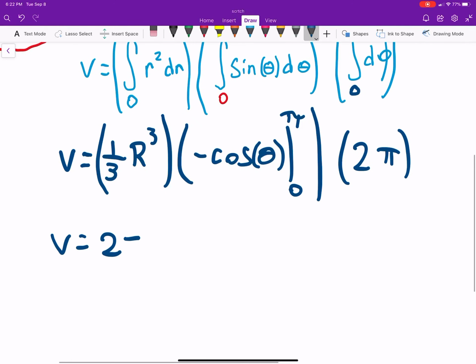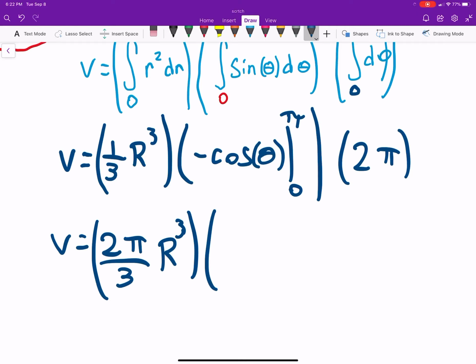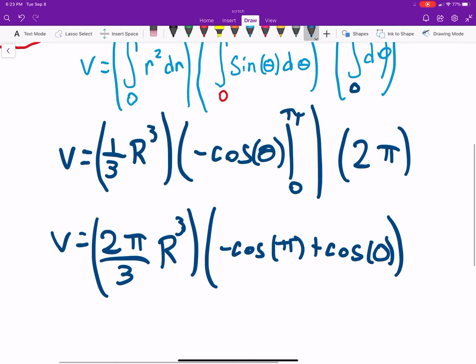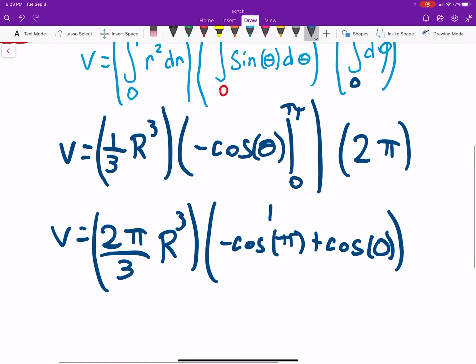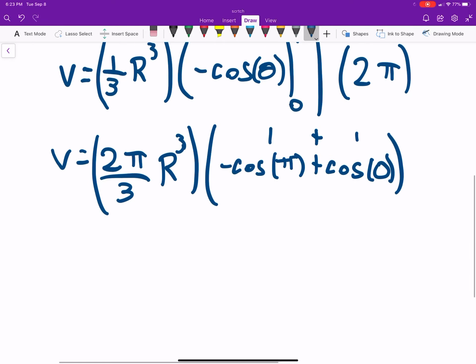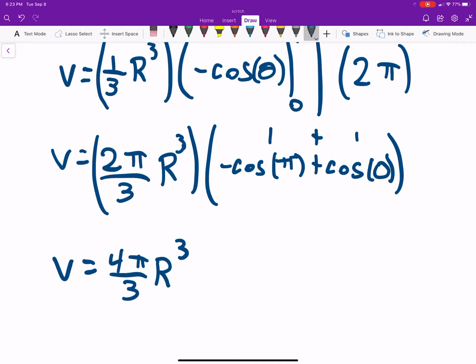So the volume is 2 pi over 3 r cubed times negative cosine of pi minus negative, so plus cosine 0. Cosine of pi is -1, but it's negative cosine of pi, so this is just 1, plus cosine of 0 is 1, so 1 plus 1 is 2. So volume is 2 times this, which is going to be 4 pi thirds r cubed.